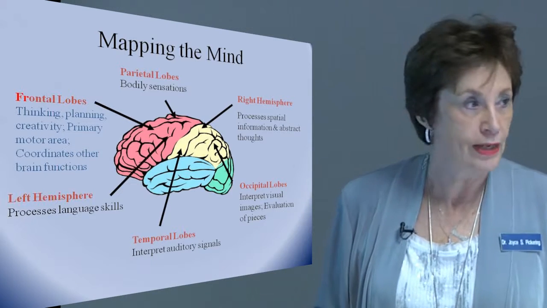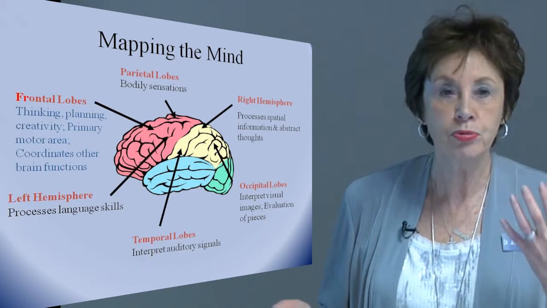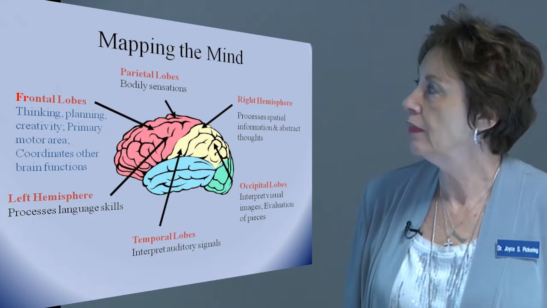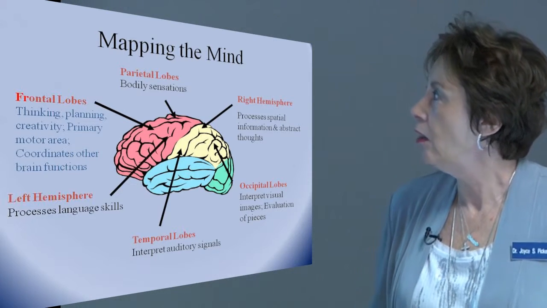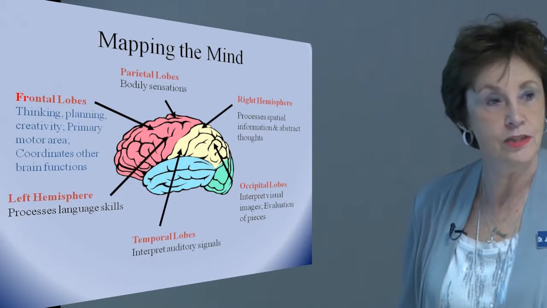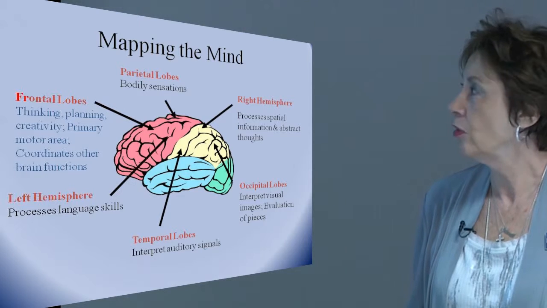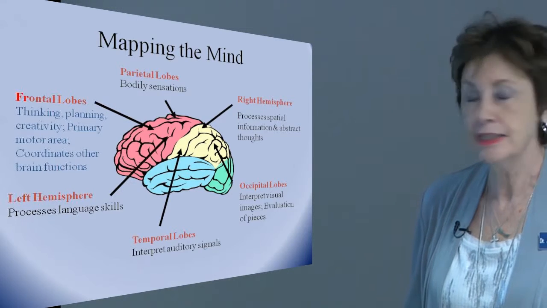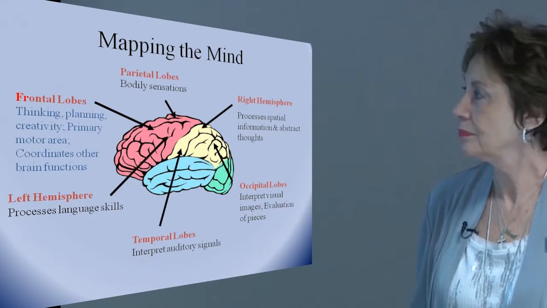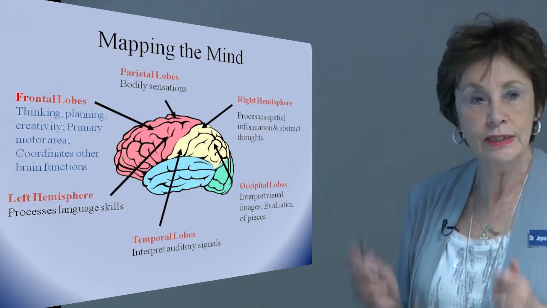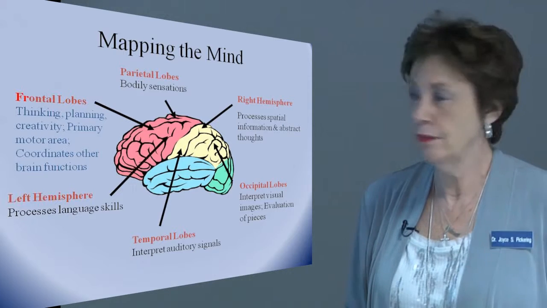Many areas of the brain work together, but some of the primary work of language is on the left side of our brain. On the right side, we process spatial information and abstract thought. We process shapes over here, primarily.